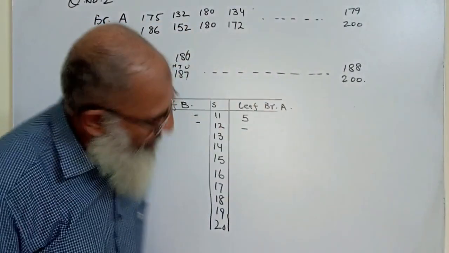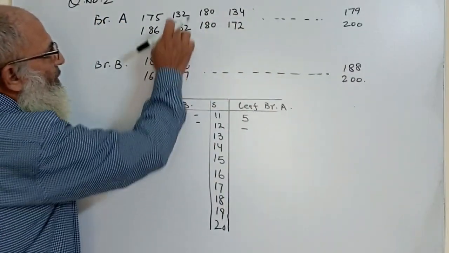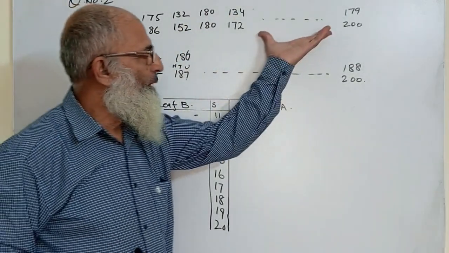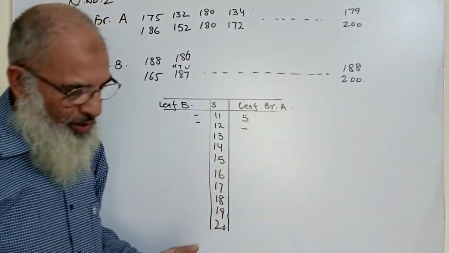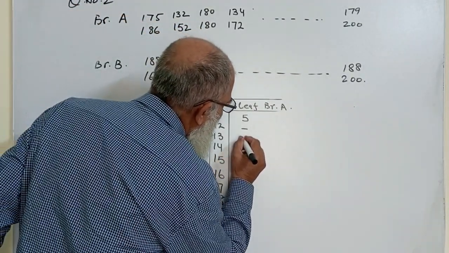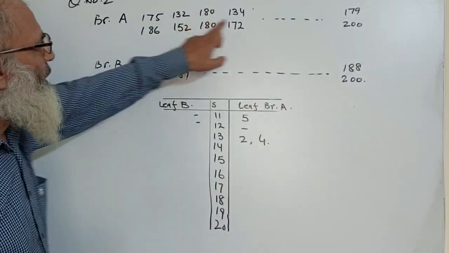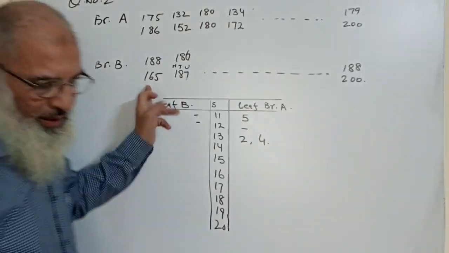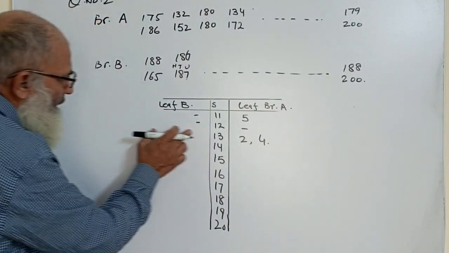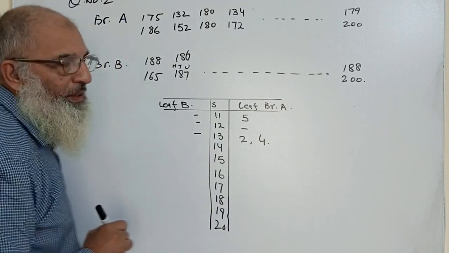Now what about 13? There is only 2 and 4. And what about branch B? There is nothing over here.